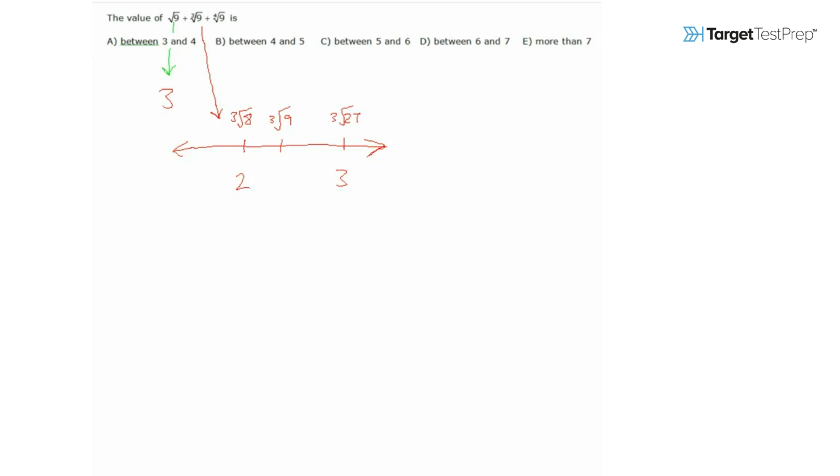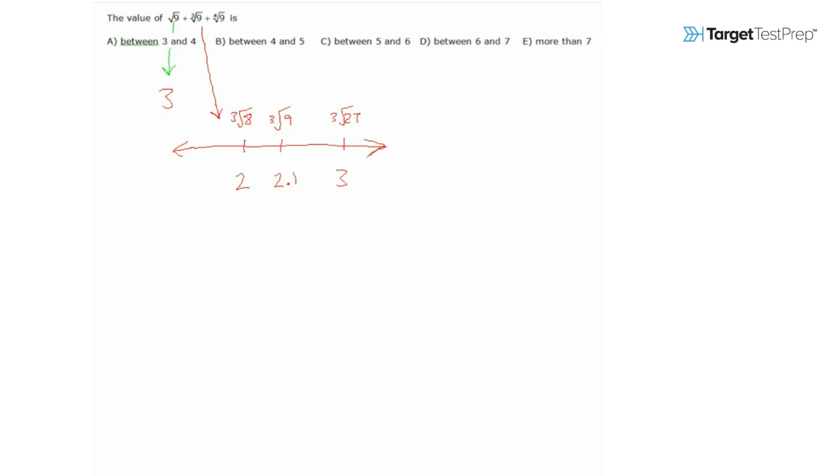So there are the perfect cube roots below and above 9. Looking at the distance between 9 and 8 and 9 and 27, we clearly see that cube root of 9 is about 2.1 because it's pretty much right on top of cube root of 8, and it's pretty far away from cube root of 27.